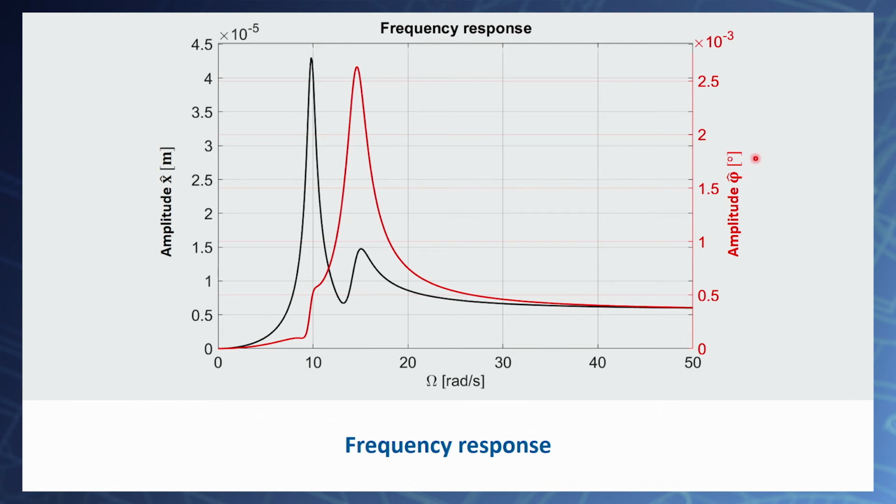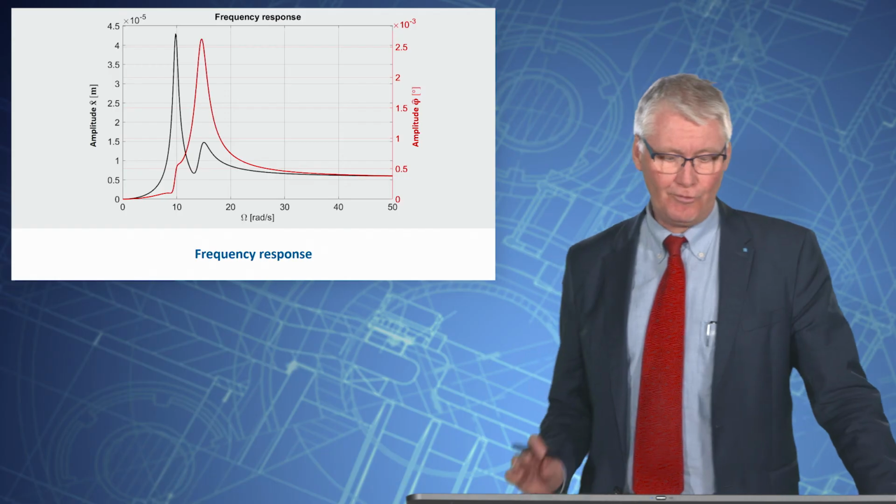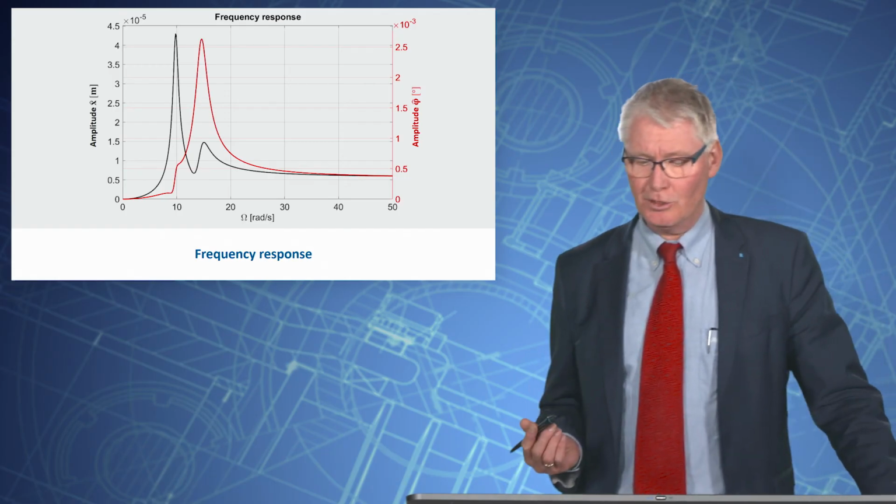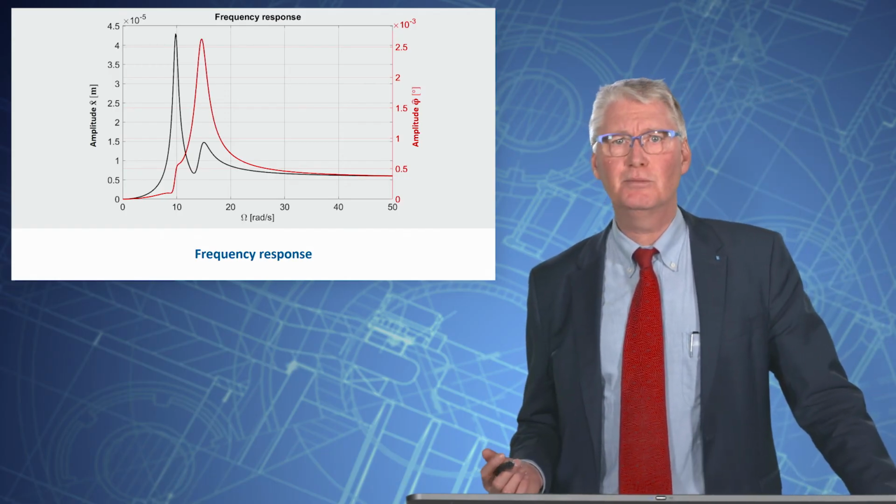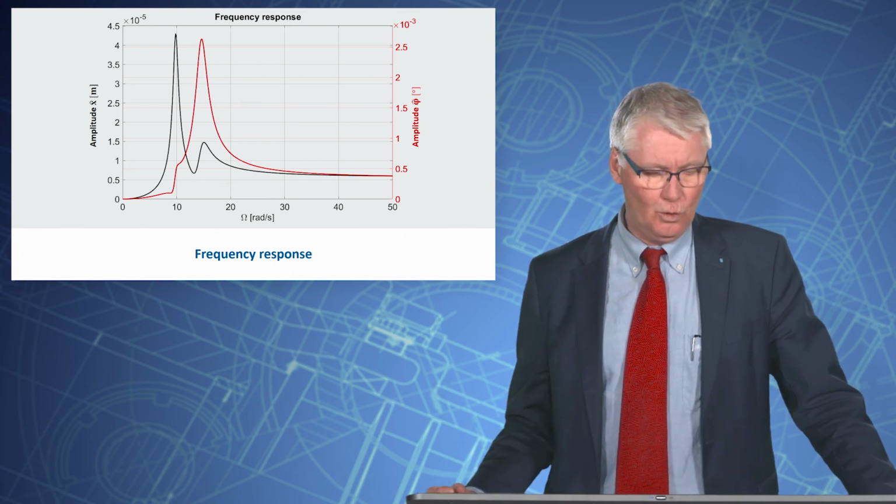And typically, as we have already seen when we were discussing frequency-dependent excitation for single degree of freedom, we start with 0 amplitude for 0 excitation frequency, and going towards higher excitation frequencies, we end up with a finite non-zero value.